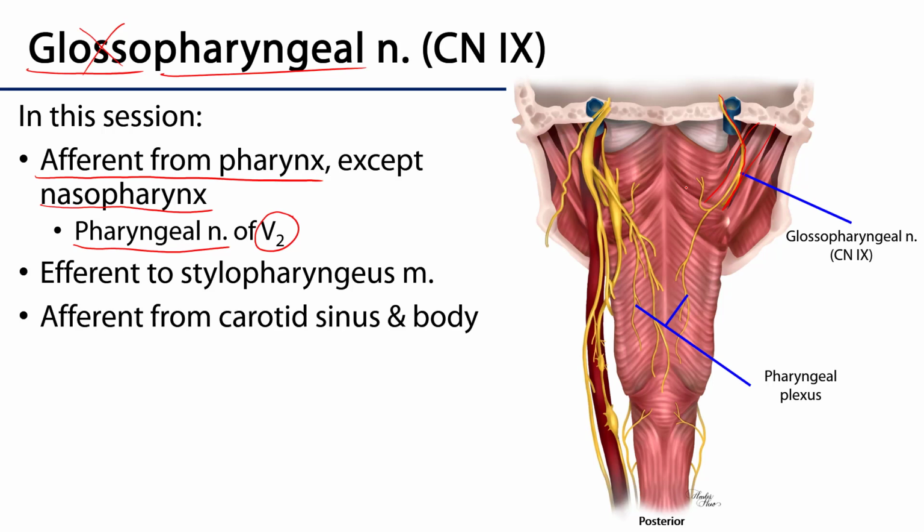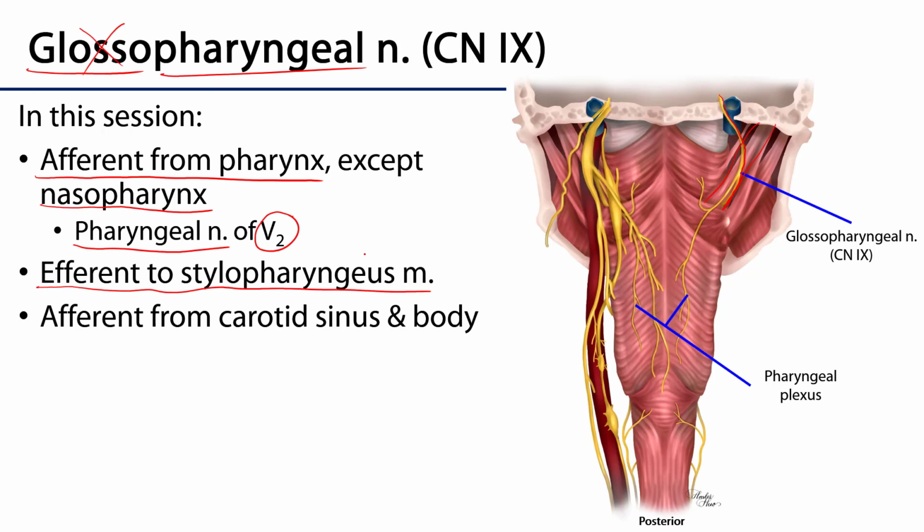And what's important to understand about this classical anatomical relationship between 9 and the stylopharyngeus muscle is that 9 is one of the major exceptions to the efferent innervation of the pharynx, which is generally vagus, but in this case, 9 efferently innervates the stylopharyngeus muscle, which is very convenient based on its overall location.